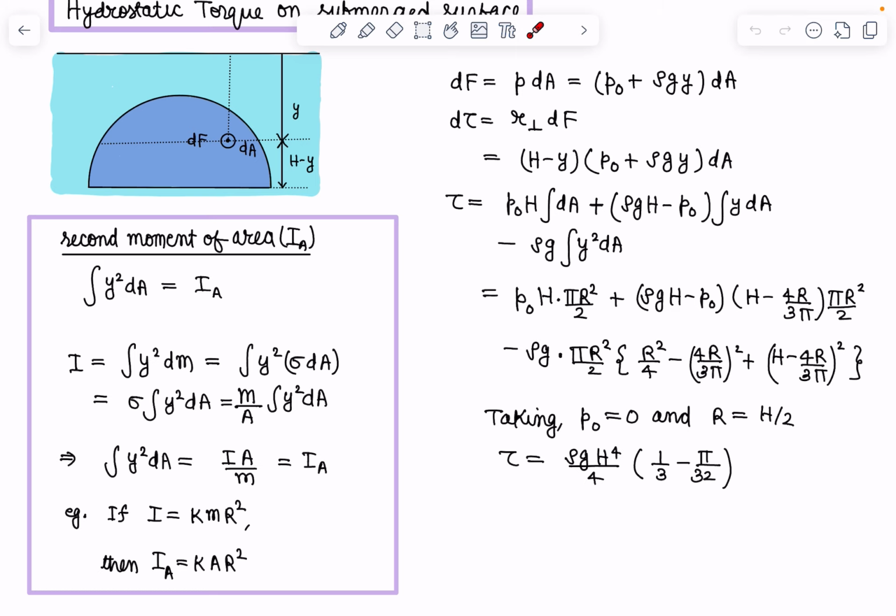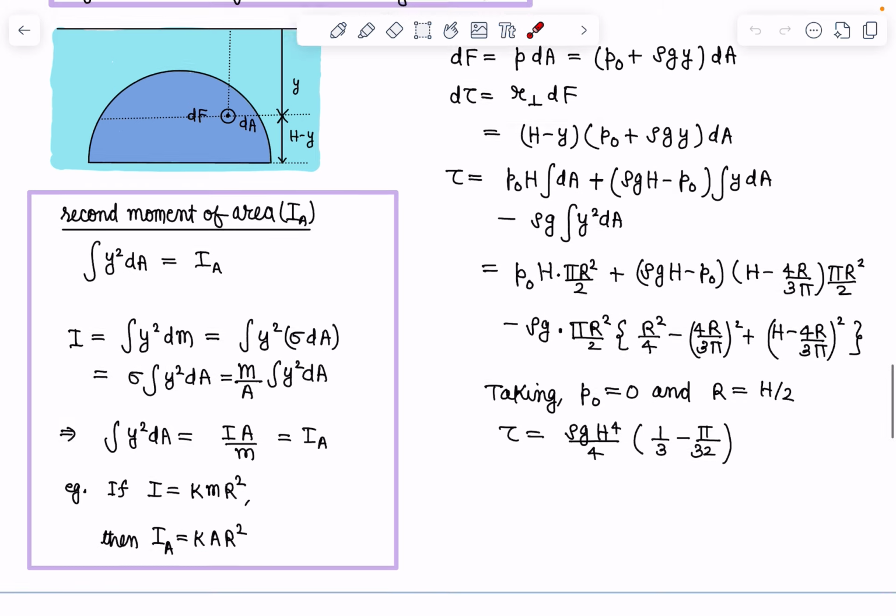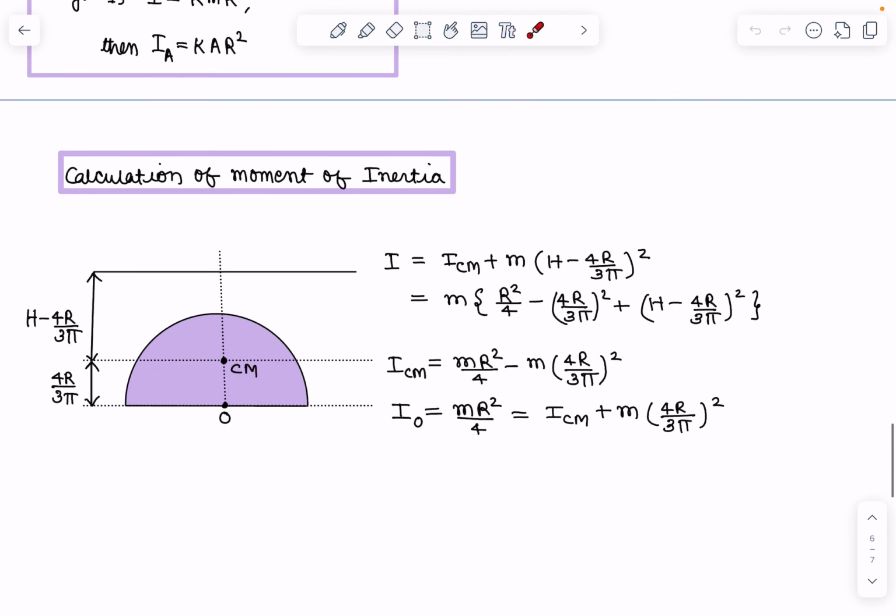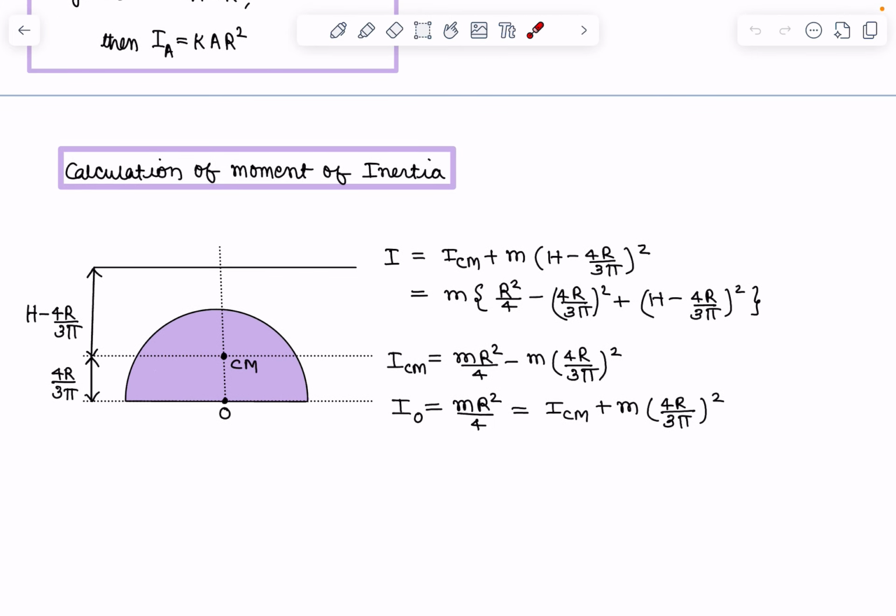So let's first try to find the moment of inertia, and that is easy. Everybody has already done it, but let me anyway have it. We need to find the moment of inertia of this semicircular lamina of uniform mass distribution about this water line. First of all, we anyway know that about this axis, the moment of inertia will be m r square by 4.